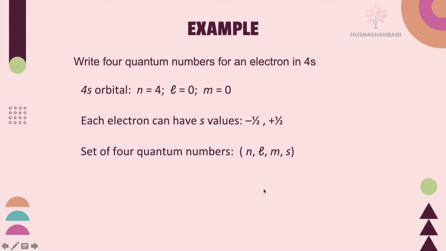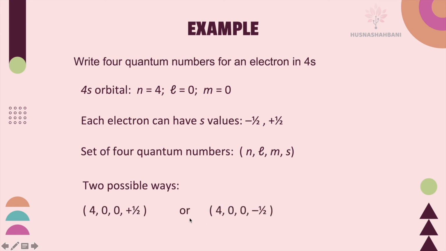But you must write one set only because it's for one electron only. Don't write two sets, only one set. If you want to write both, make sure you put the word or, not and. And means for two electrons. Or means it can be this one or it can be this one, only one.